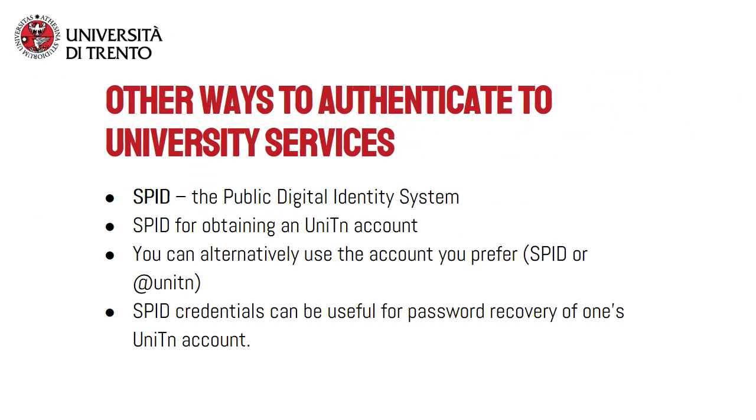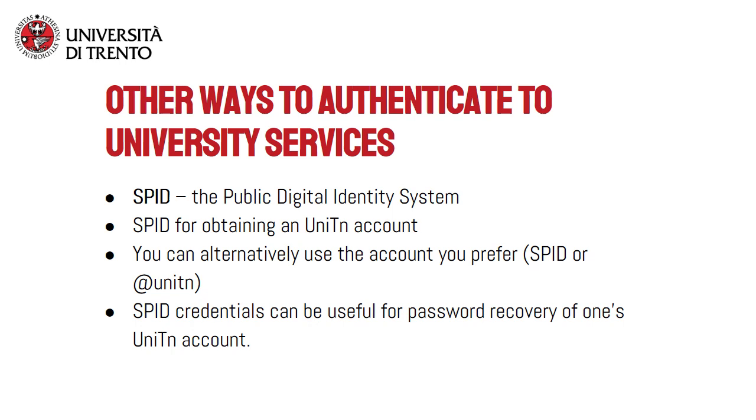Another way to authenticate an ICT UniTrento account is through one's SPID credentials. SPID stands for Sistema Pubblico di Identità Digitale, Public Digital Identity System, and represents an authentication method for public administration (PA) web services, independent from the institution and reusable by all administrations, including UniTrento.